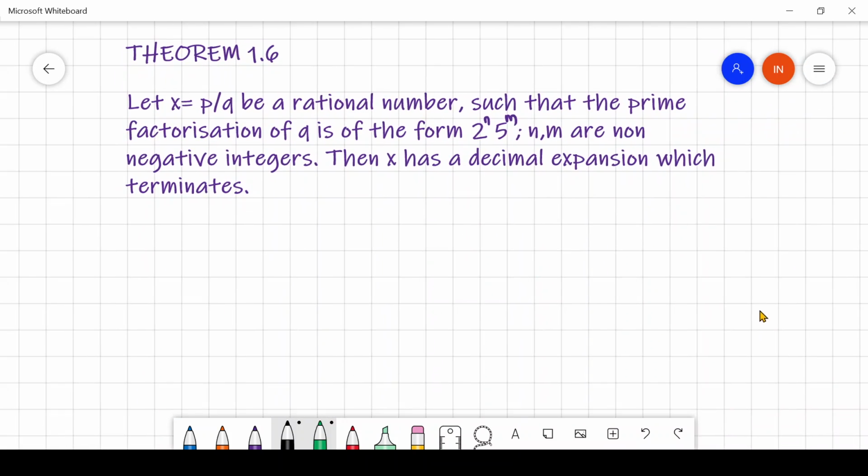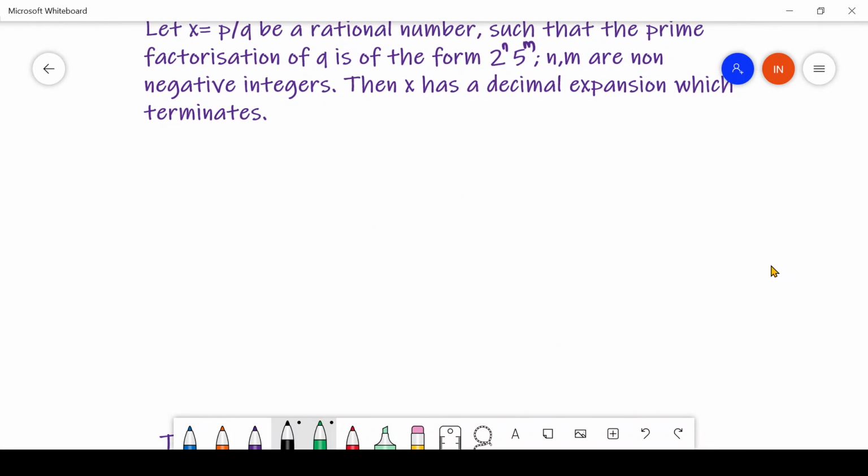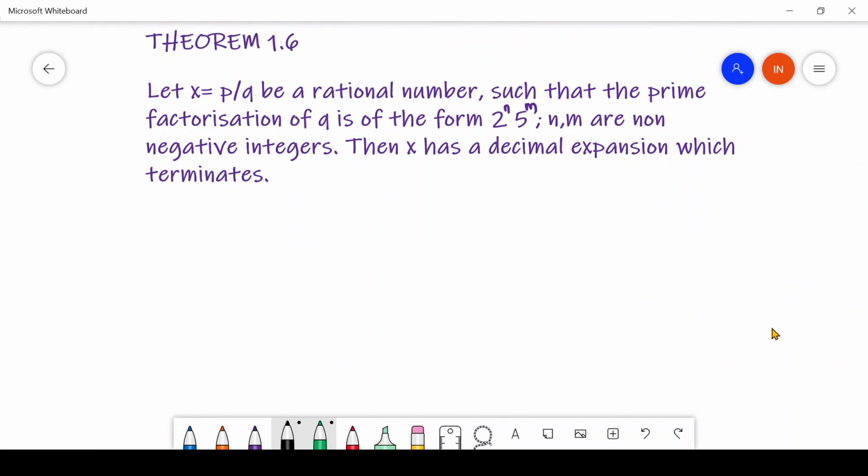Theorem 1.6. What does Theorem 1.6 say? Let x equal p by q be a rational number such that the prime factorization of q is of the form 2 raised to n, 5 raised to m, where n and m are non-negative integers. Then x has a decimal expansion which terminates.